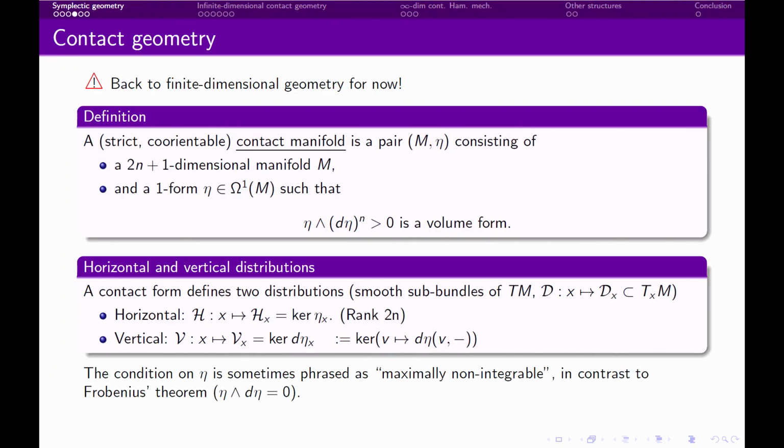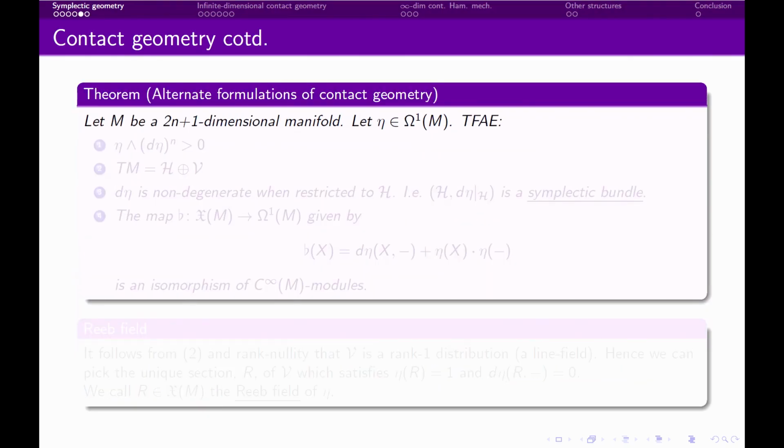Okay. Last time I gave this presentation, I was correct on this line. It's a slightly subtle point: maximally non-integrable and this condition are slightly different things, but we'll get to that later. That's not the only condition that implies a form is contact.